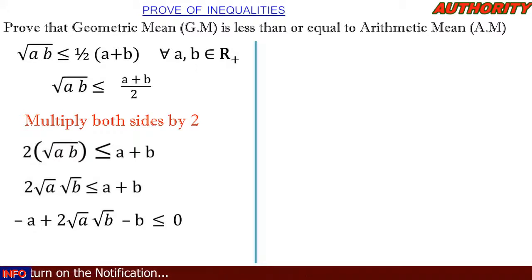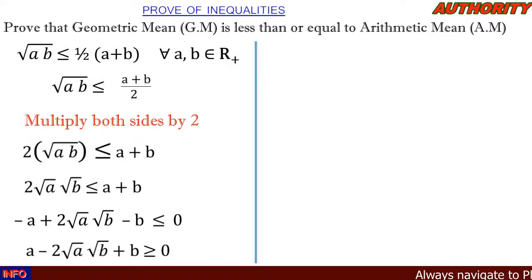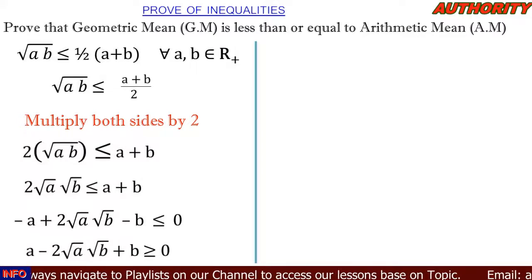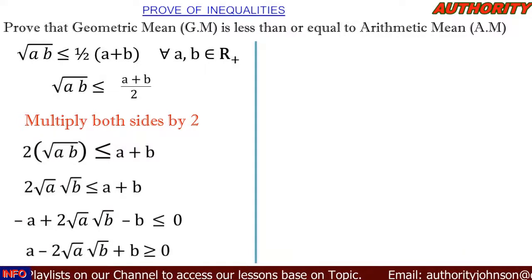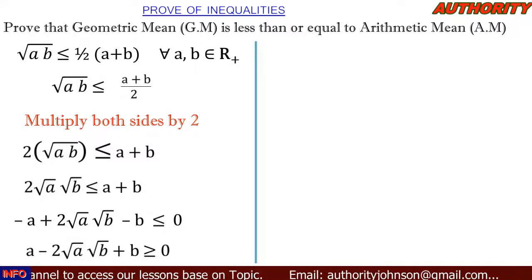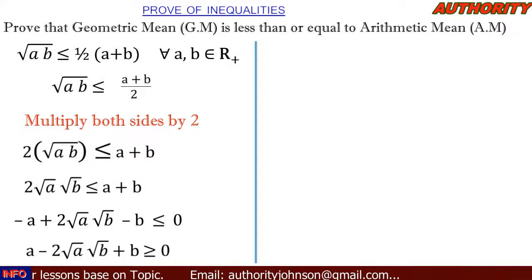So when we divide everything by minus 1, the minus A will turn to plus A. And then the positive 2 root A root B will turn to minus 2 root A root B. And then this negative B will turn to positive B. And then this sign of inequality, which is less than or equal to, will turn to greater than or equal to, because when the inequalities are being divided by a negative number, the sign of the inequality is changed.